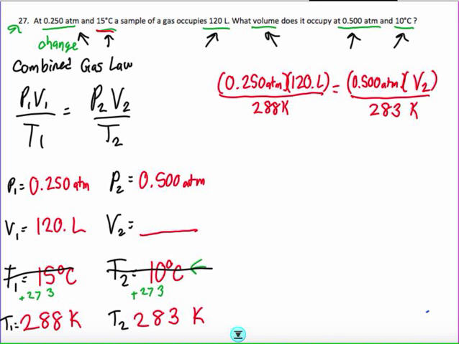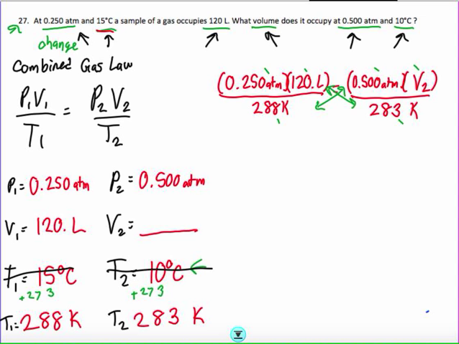Now this just gets into some fairly complicated algebra. Probably the easiest way to start would be to cross multiply. So I'm multiplying this number by this number by this number and setting it equal to this times this times this.